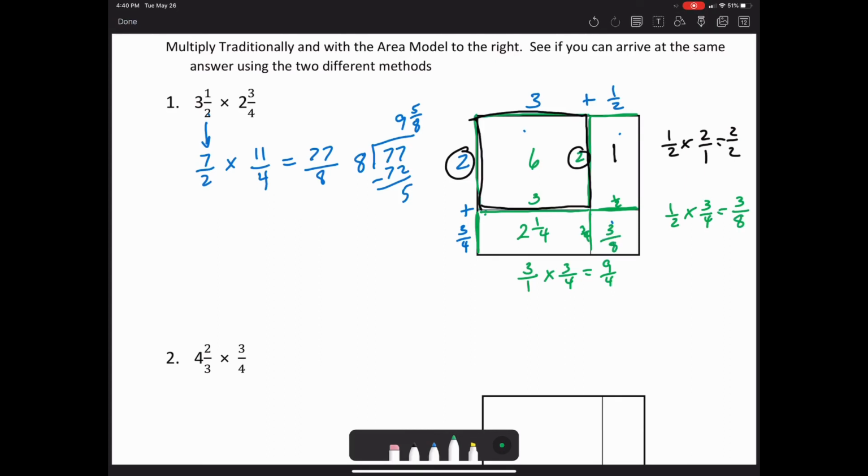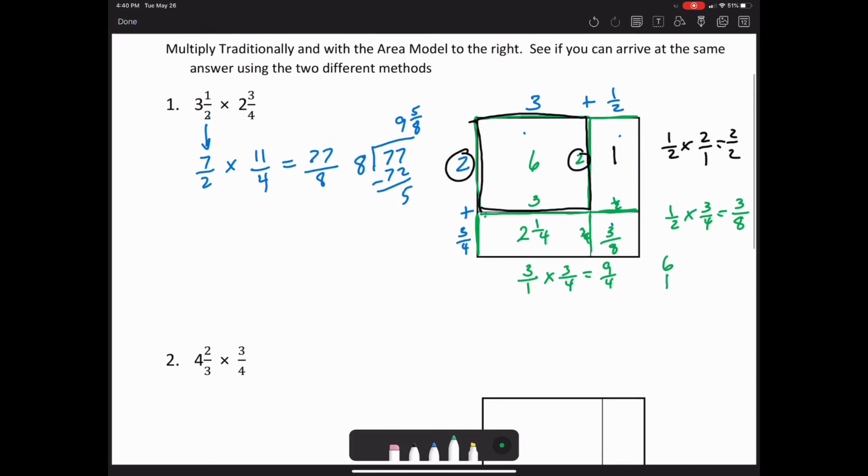And now we just need to add all these together. So I'm going to add the areas of these rectangles. We have 1, we have 2 and 1/4, and we have 3/8. If I start off with the fractions, we're going to make equivalent fractions with a common denominator of 8.